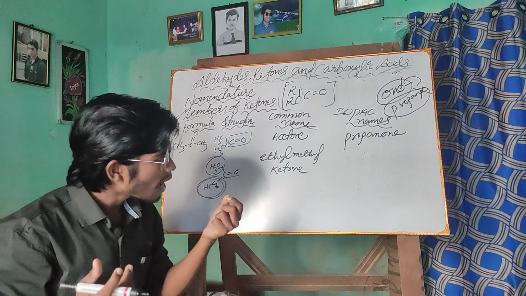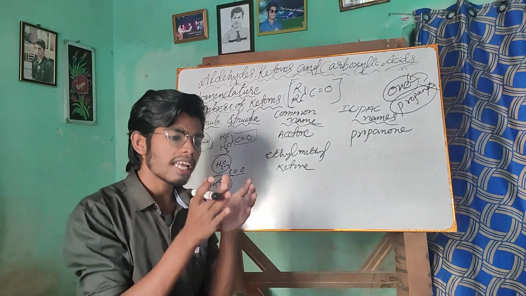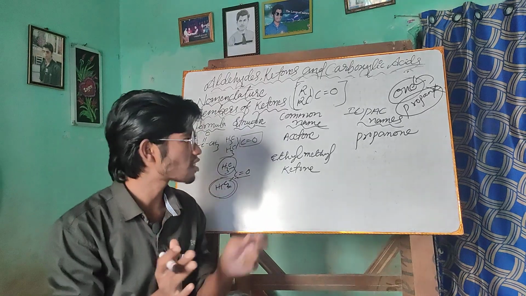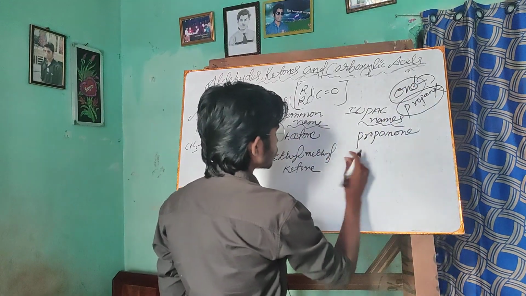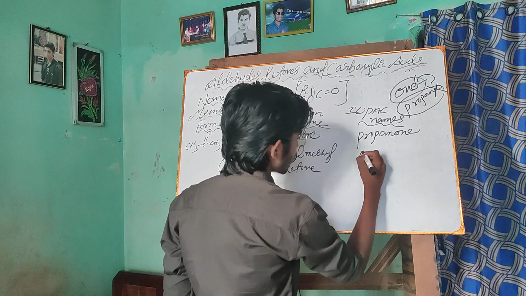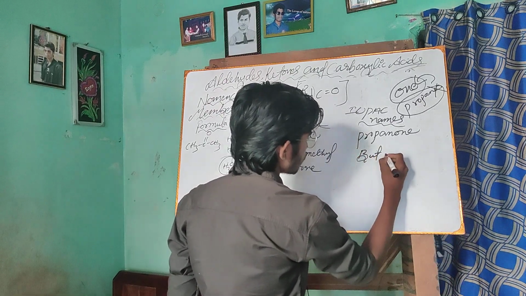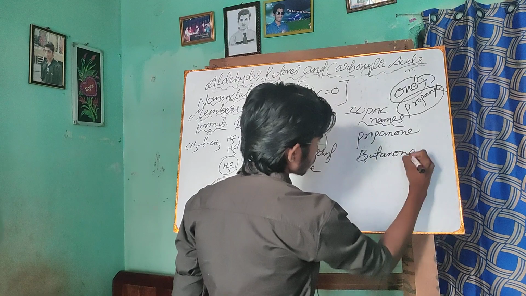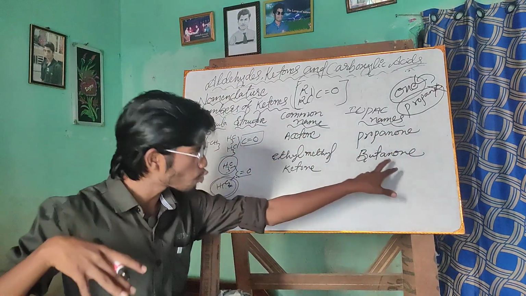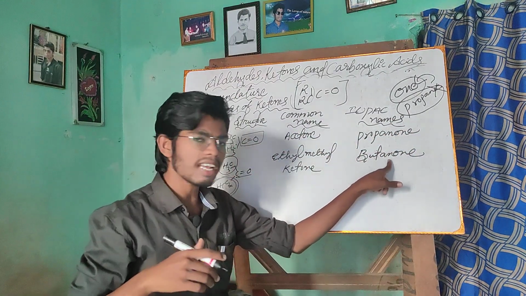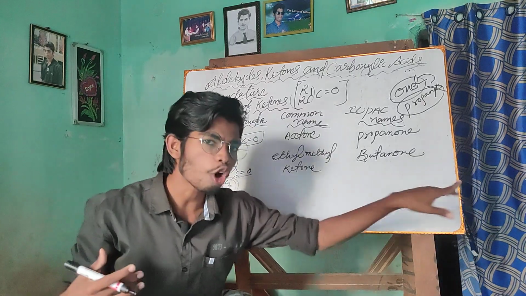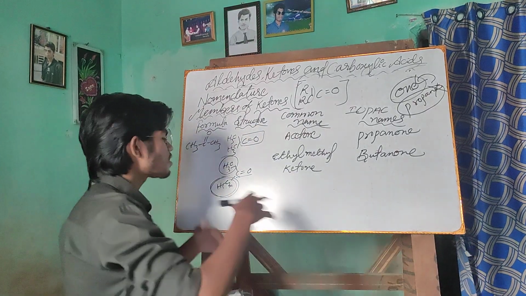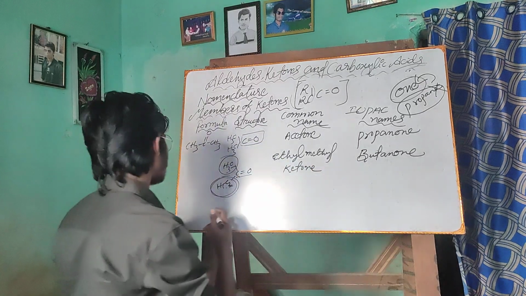At last the E of the butane will be replaced by the suffix of the ketone, ONE. If E is replaced by ONE, what name is obtained? That is butanone. So this is another member of the ketone.